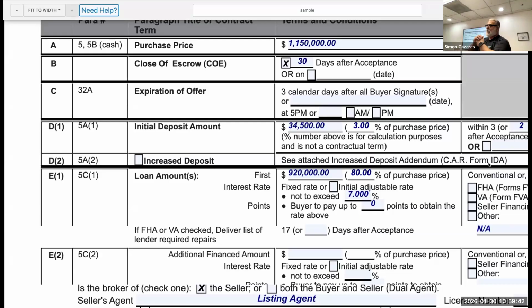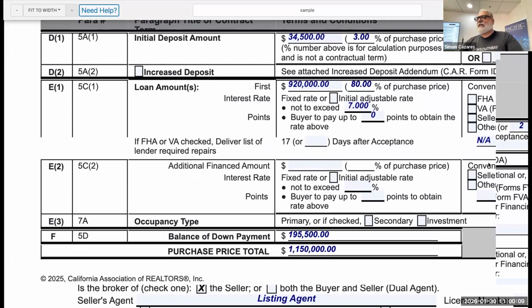But it's because the buyer doesn't have the means because they're waiting to sell their own property. And they're waiting for the proceeds of the sale of their home, right? In order for them to now have the money to, one, put a large down payment or cash, but also put an additional deposit. Okay, so now you have that option to do increased deposit. Make sense? All right.